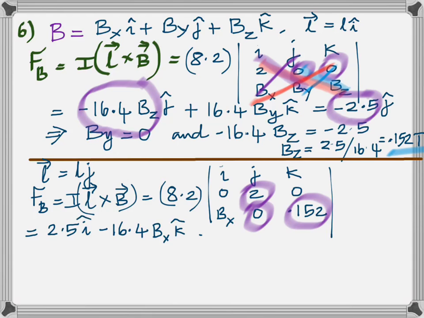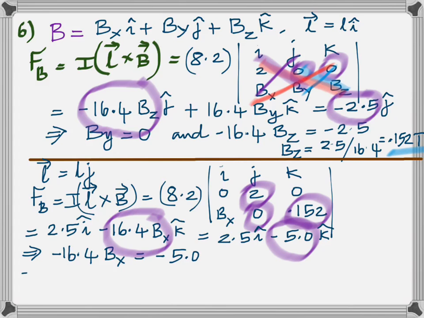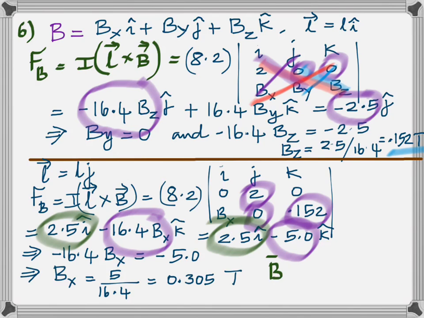So once again, when you take the cross product and compare the coefficients, you see that negative 16.4 Bx is equal to negative 5, because those are the coefficients of the k unit vector, and that gives us Bx as 5 by 16.4, which is 0.305 Tesla.